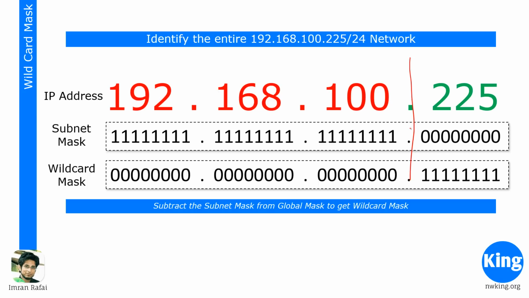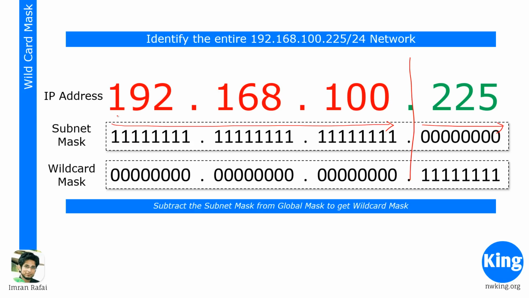Now in the last video we introduced you to wildcard mask, and if you go to bit level, a subnet mask is going to be a series of ones and then a series of zeros. Wherever it is a 0, it denotes the host part, and wherever it is 1, it denotes the network part. Now wildcard mask, on the other hand, is very similar to subnet mask.